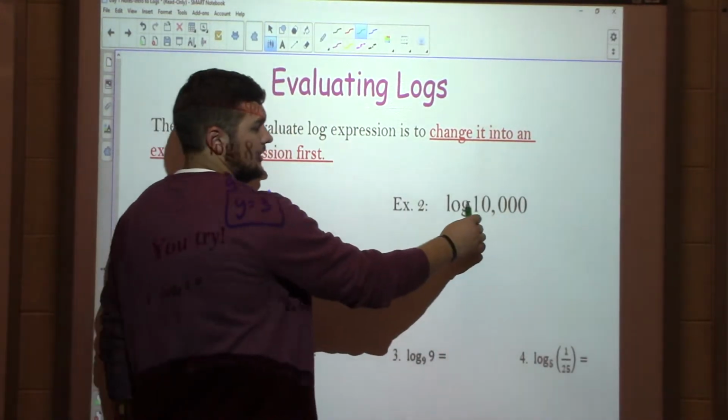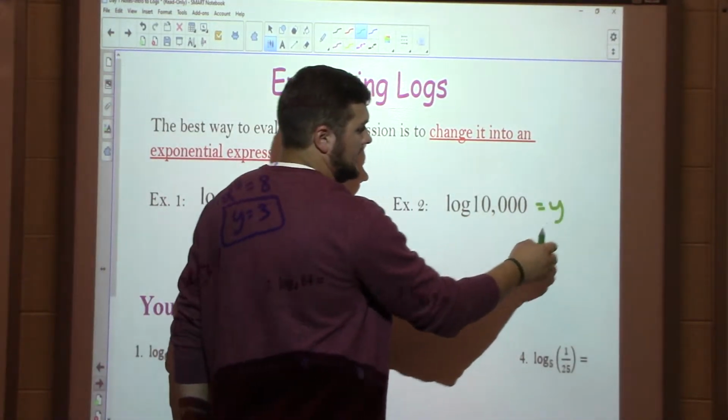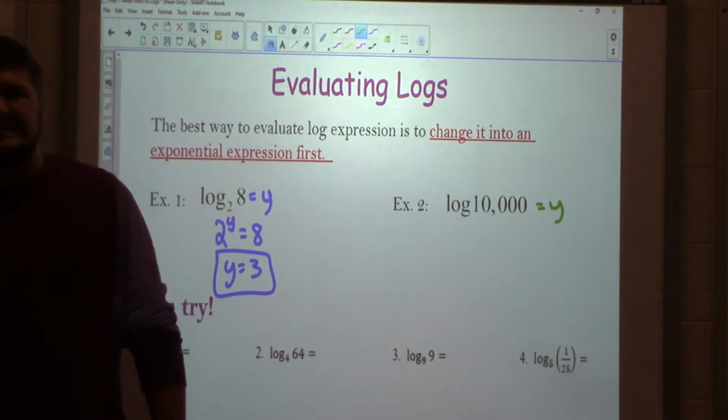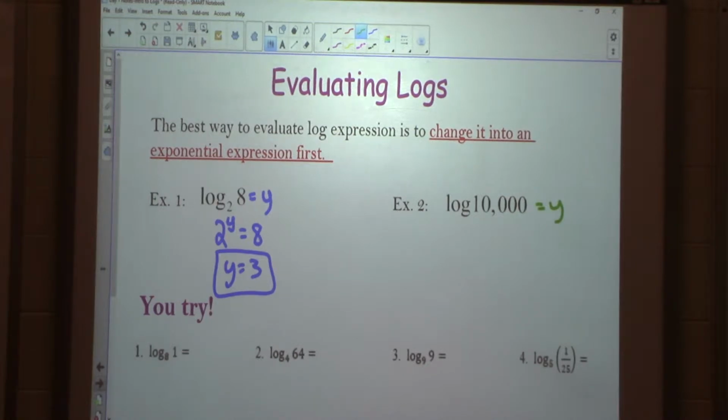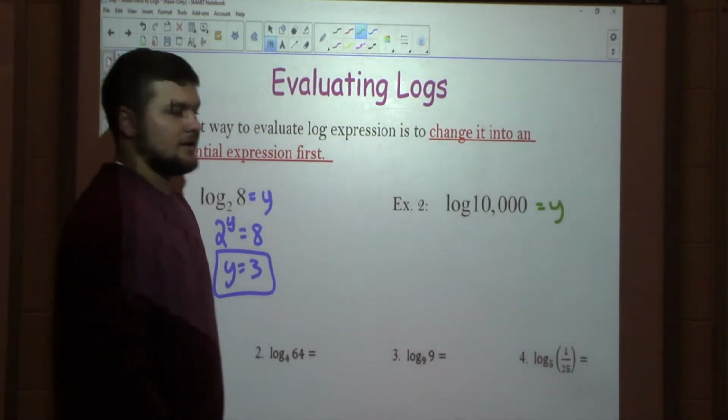Same thing over here. Log of 10,000, if I set it equal to y, how do I change it to exponential form if I don't have a base? What did we just say? If there's no base there, it's going to be a base of 10, because we call it the common logarithm.